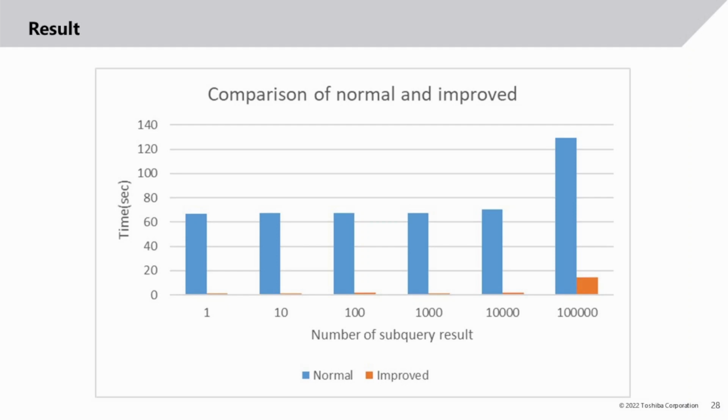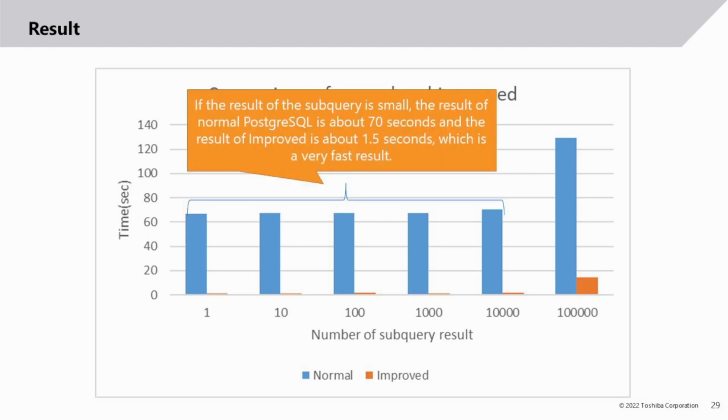This is the result. Normal is not modified, ordinary Postgres. Improved is our modified Postgres. The result is that improved is very fast. I will explain detailed results.